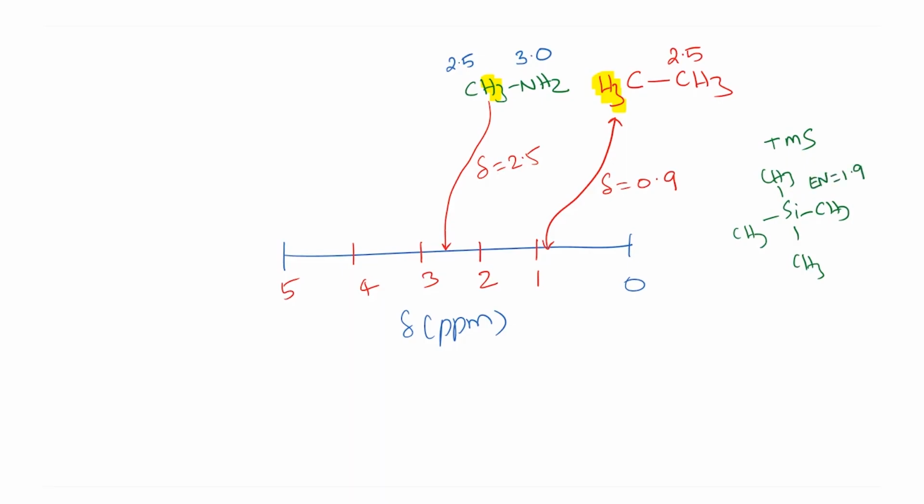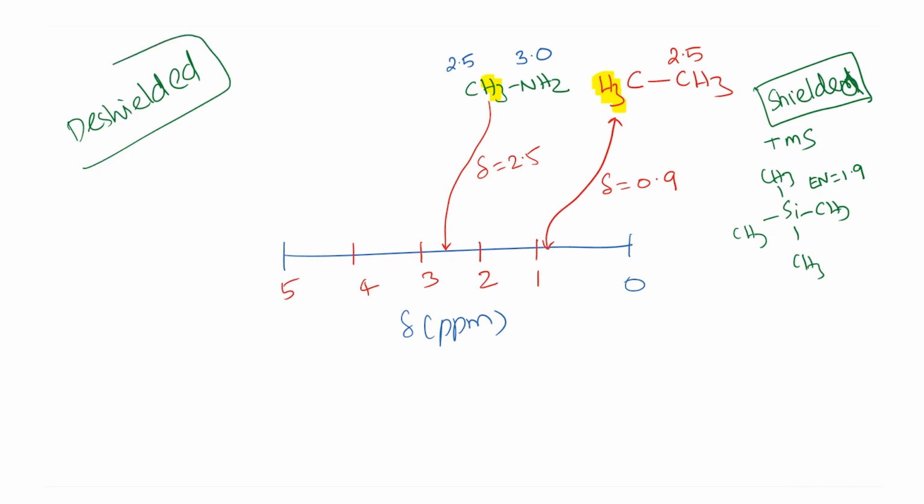What we figured out was that the less electronegative the group is, the more shielded the hydrogen next to it is going to be, whereas one which has an electronegative group on it is going to be more de-shielded.